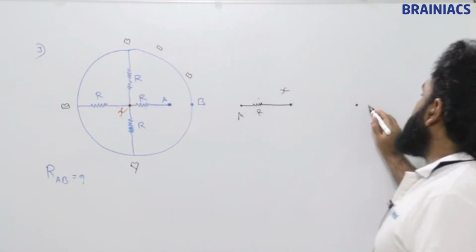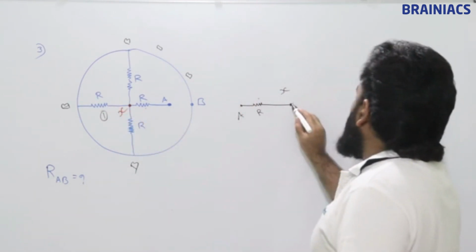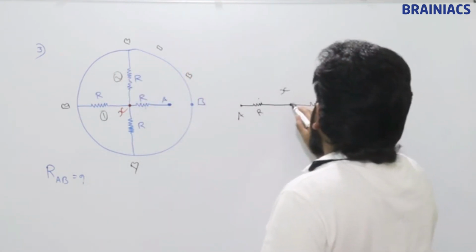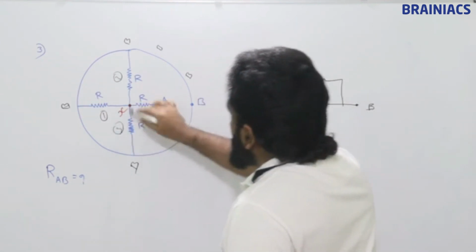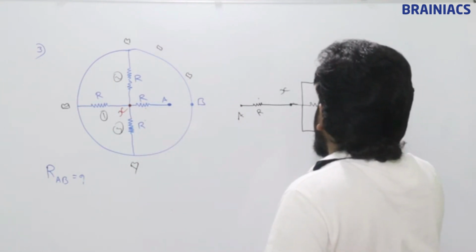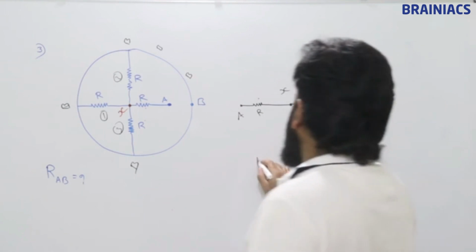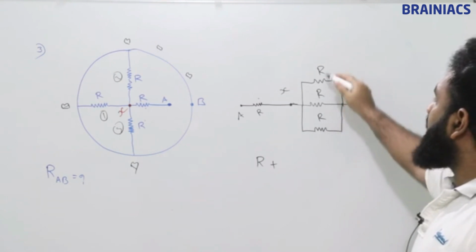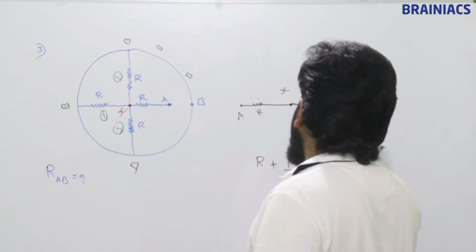If I consider this as B, the first one is from X to B, the second one from X to B, the third one from X to B. We can connect like this, R, R, R. So R in series with 3 resistances of the same value in parallel: R plus R by 3.